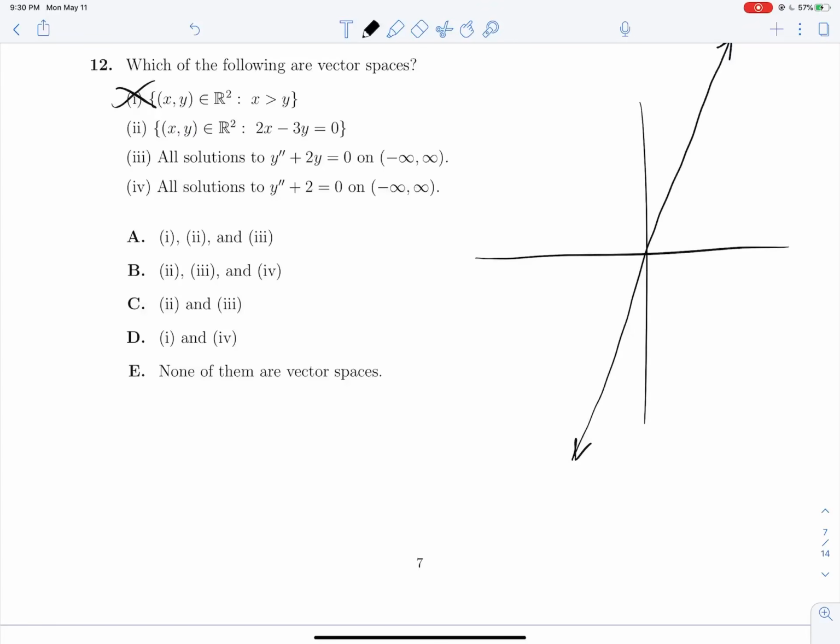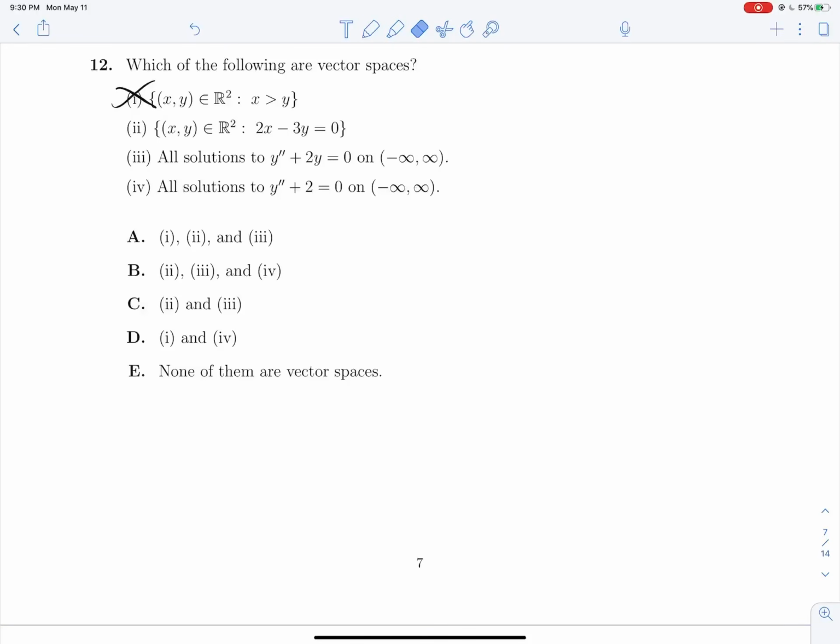And this guy will be closed under vector addition, closed under scalar multiplication. You can express it as a span, and so it works perfectly well as a vector space.